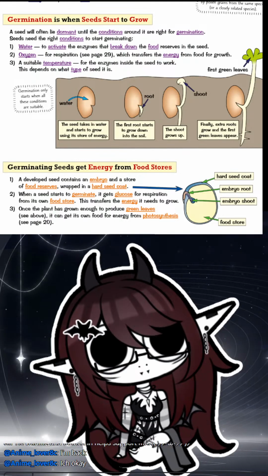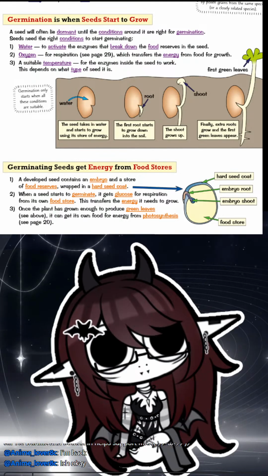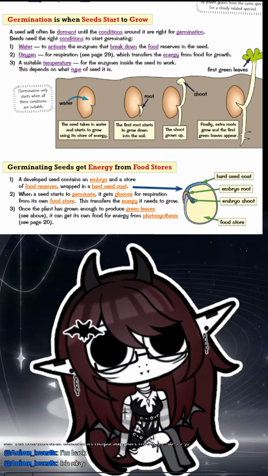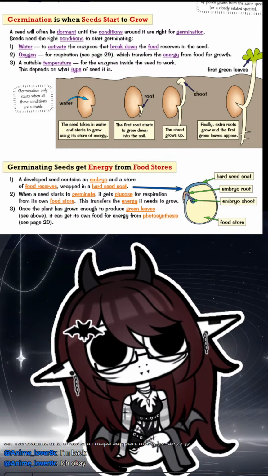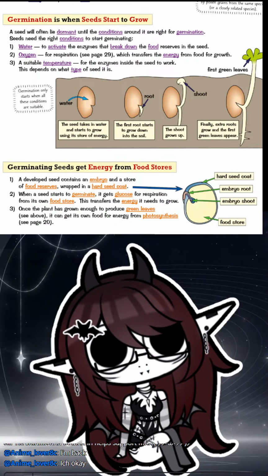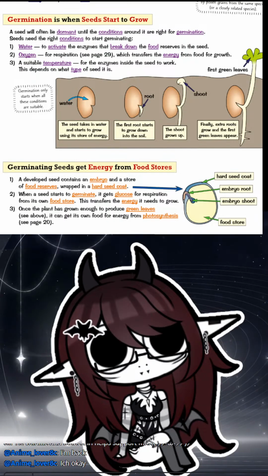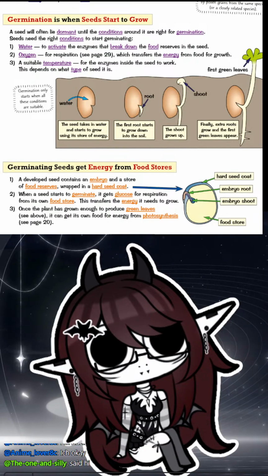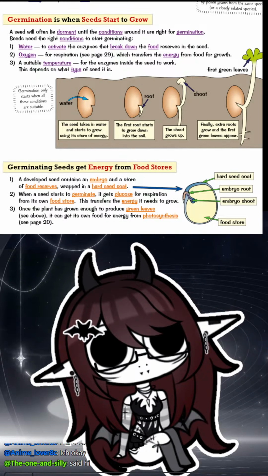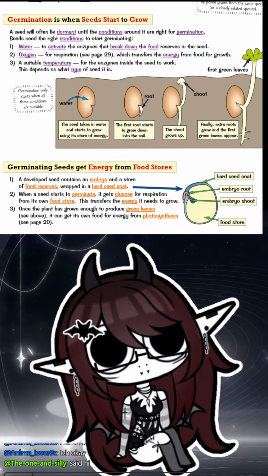They need oxygen, which transfers the energy from food to growth. And lastly, a suitable temperature for the enzymes inside the seed to work. Remember our auxin enzymes? We have these shoots and roots. And now, this depends on what type of seed it is. Alright, let's look at this.